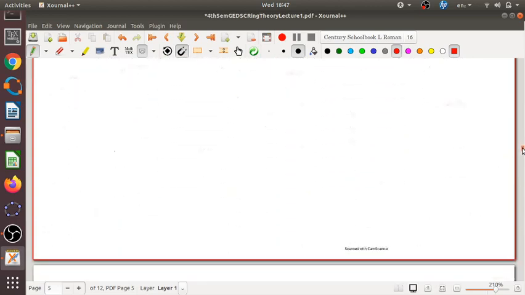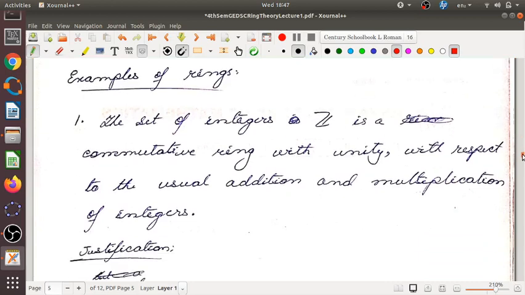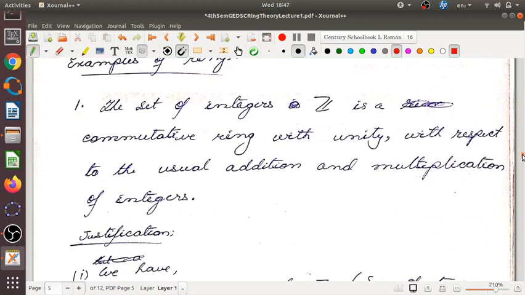Now let us see some examples of rings. Actually the concept of rings originated from the study of integers, real numbers, rational numbers, which had occurred naturally. The properties are actually borrowed from the properties of integers, real numbers and so on. So it's a generalization of those concepts.